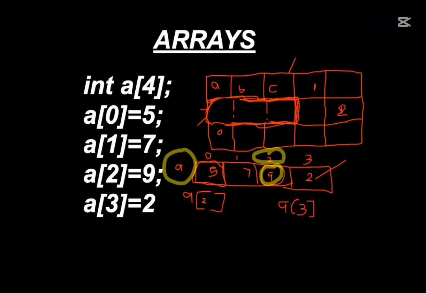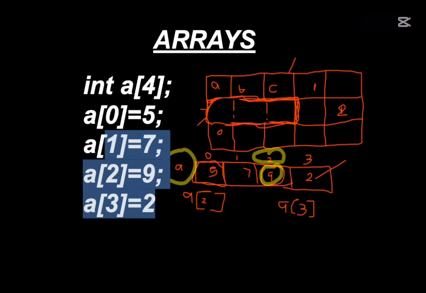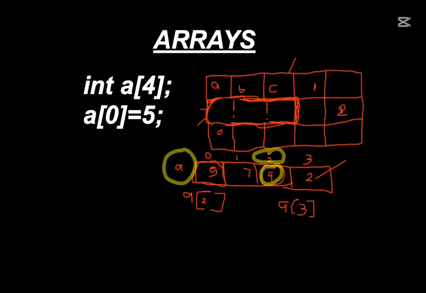Now we've seen that an array is a block of memory that can store data, and I'm going to be talking about printing an array. If we want to print an array, we also need to use all these indexes.